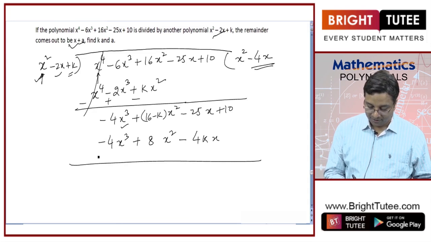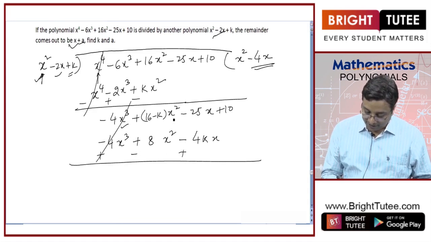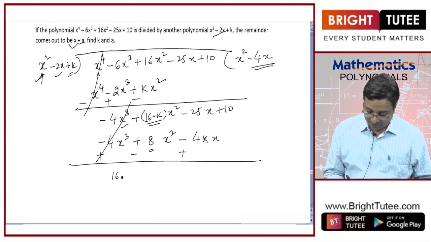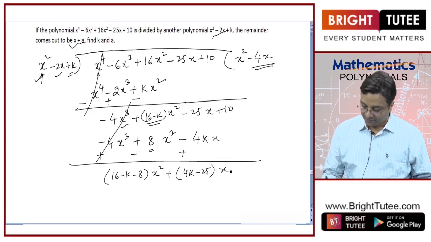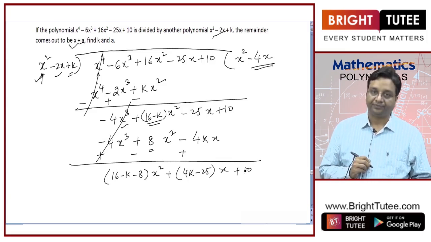Now subtract, cancel. Now x square 16 minus k minus 8, into x square, and this one is 25. So let's take plus 4k minus 25 into x, right, plus 10.